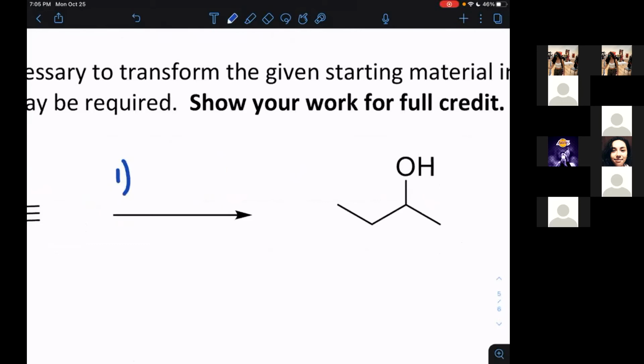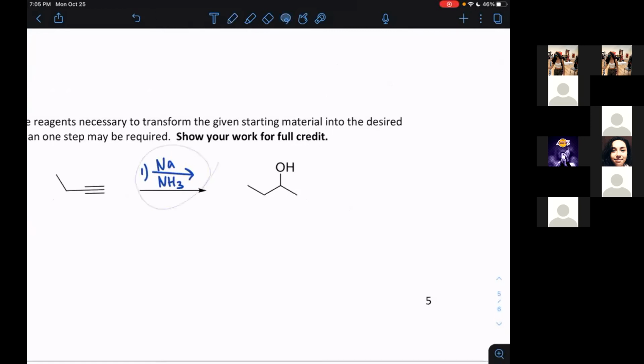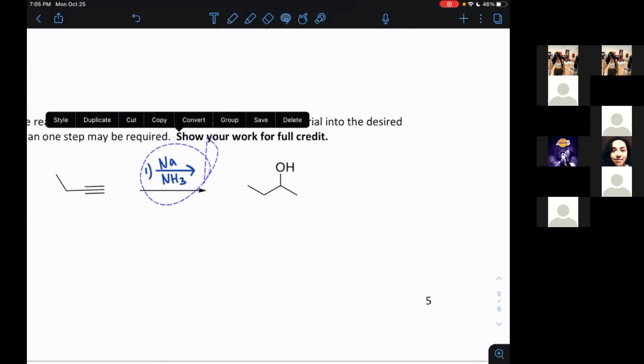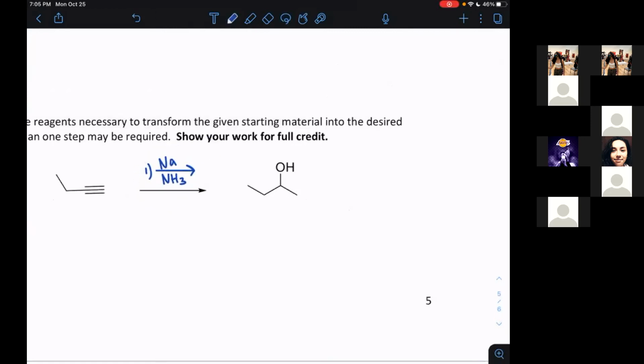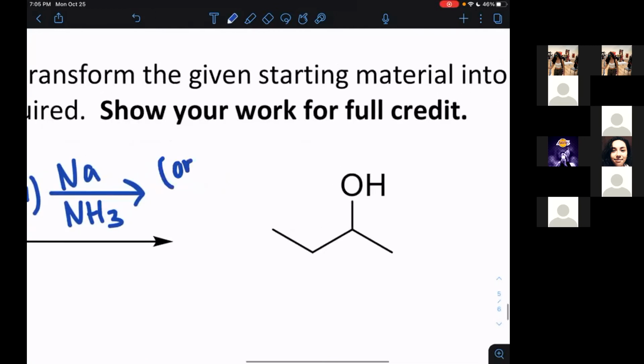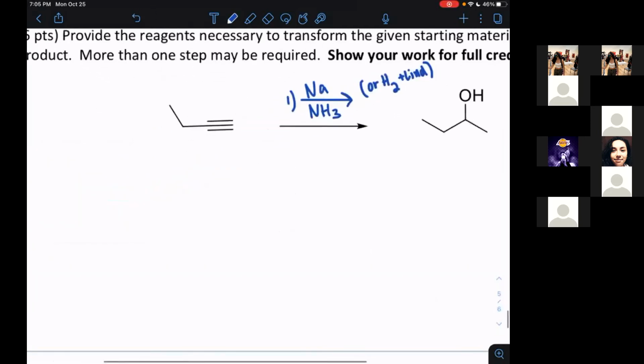Okay, cool. Let's see. So for the first step, Na, oh, whoops. I think it's like this. I'm pretty sure she said in the office hour today that she would accept Na/NH3 or the H2 and Lindlar's catalyst for the first step. True.